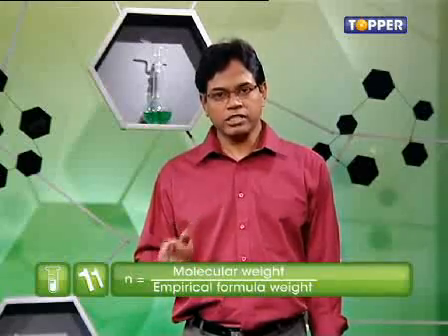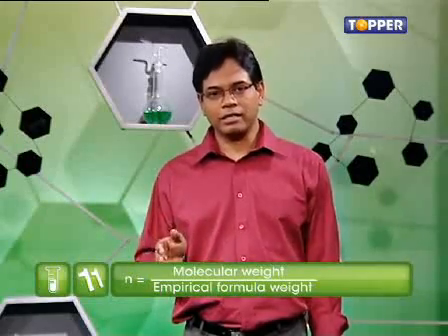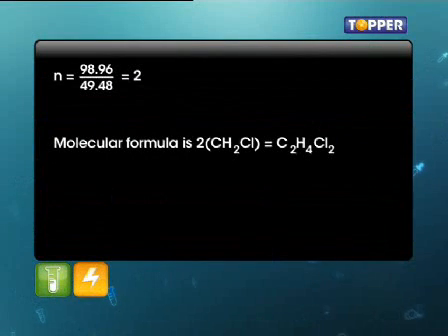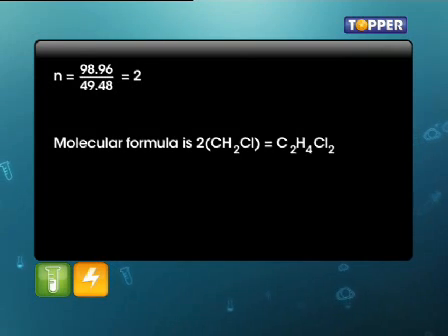Now we need to find the ratio N, which is equal to the molecular weight divided by the empirical formula weight. And we find that the value of N is 2. So the molecular formula would be 2 times CH2Cl, which is equal to C2H4Cl2.